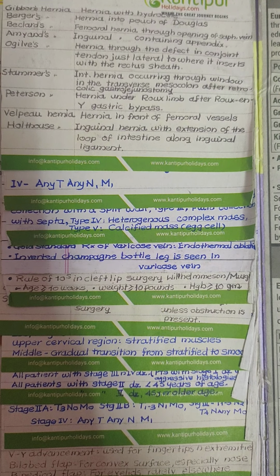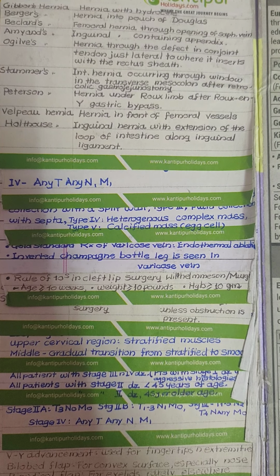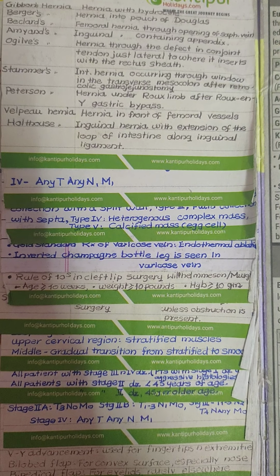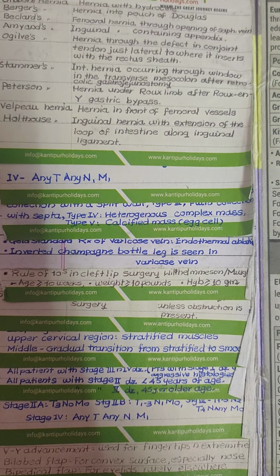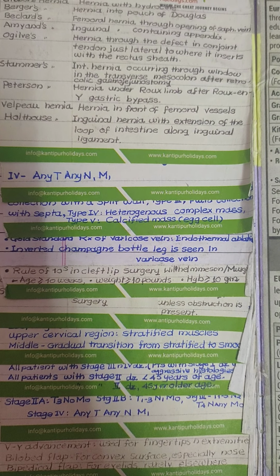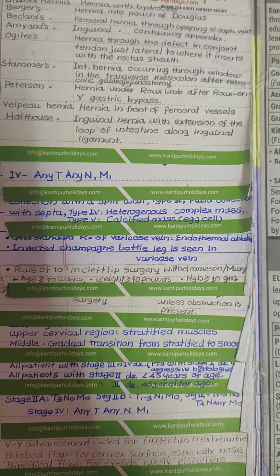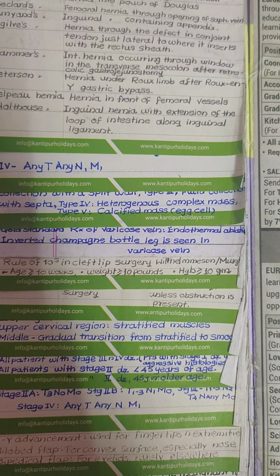Brolin's hernia: internal hernia occurring through a window in the transverse mesocolon after retrocolic gastrojejunostomy. Petersen's hernia is hernia under the Roux limb after Roux-en-Y gastric bypass. Velpeau hernia: in front of femoral vessels. Hesselbach's hernia is inguinal hernia with extension of a loop of intestine along the inguinal ligament.